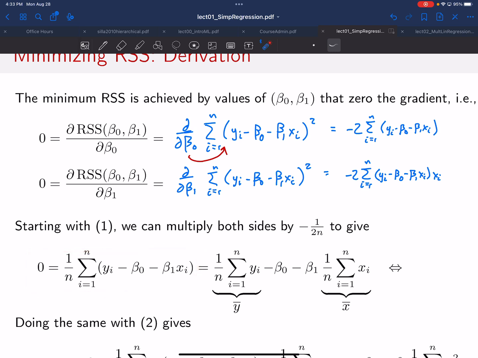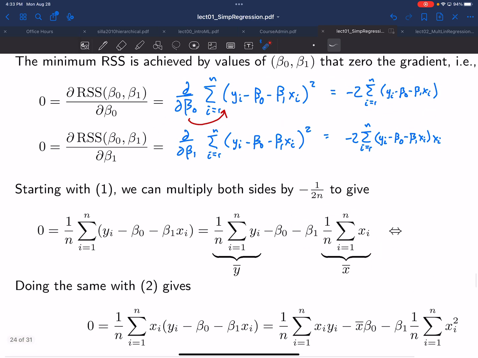Now this might look more familiar because we have these averaging sums. Next, we can expand this sum into 3 different sums. We have the average of the yi's, the average of these minus beta 0's, which is just minus beta 0, and the average of these terms, which is minus beta 1 times the average of the xi's.